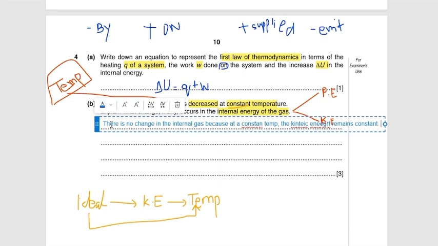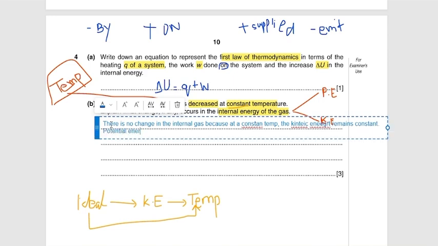And since it's for 3 marks, you will have to mention about the potential energy as well, and you can say that the potential energy also remains constant because there are no intermolecular forces between the particles according to the kinetic theory of gases.